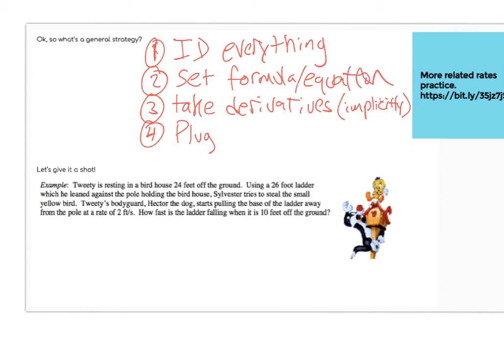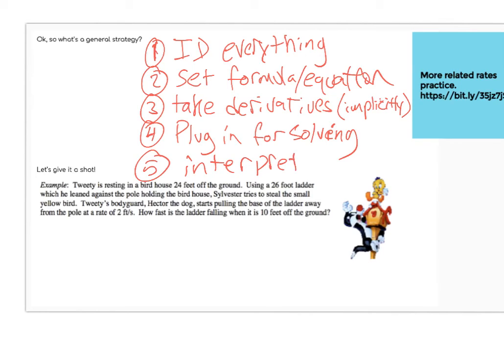Then we're going to plug stuff in and solve for any missing pieces. The last piece that's really important, I want you to be able to interpret your answer, and that includes units too.